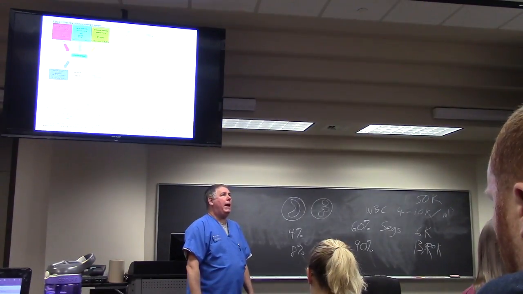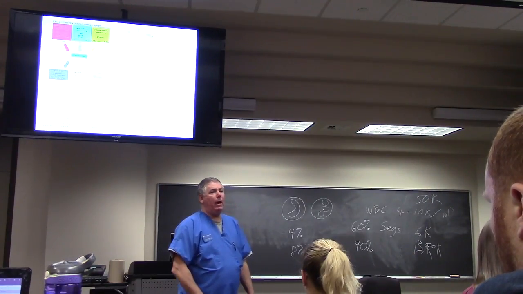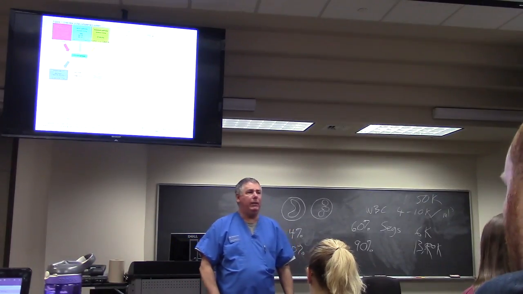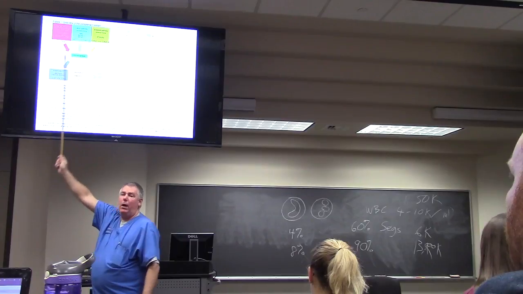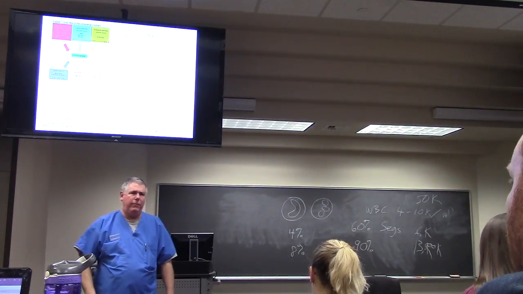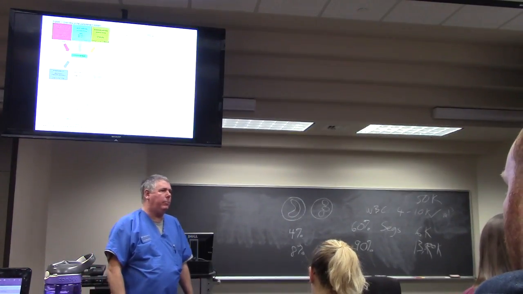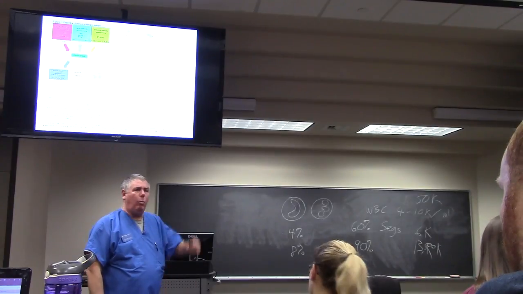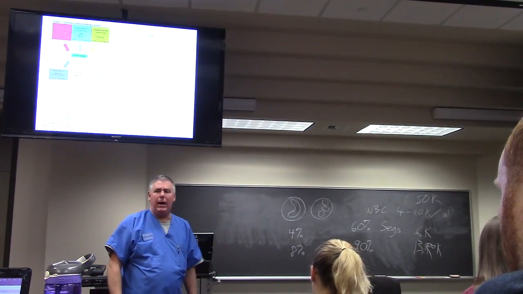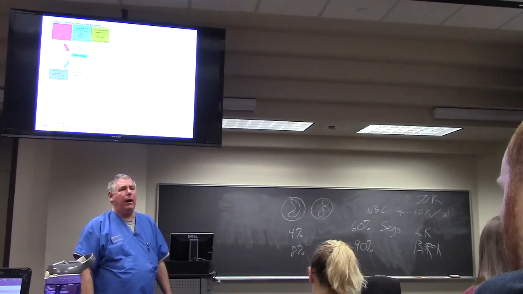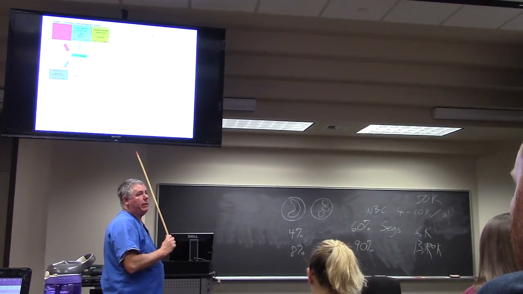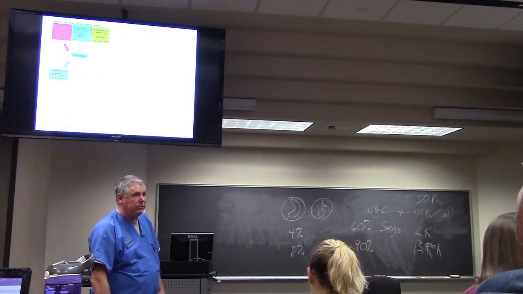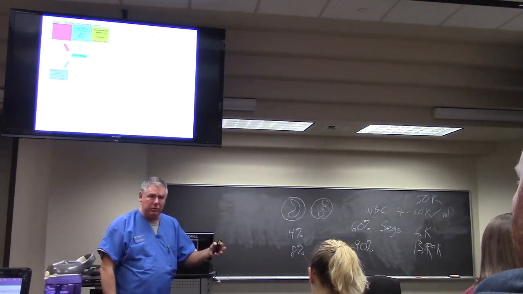Here's the complement cascade. You don't need to spend a lot of time on this, other than to say that the complement involves a whole host of proenzymes that are present, and when in the presence of some type of antigen, they activate and can produce one of these cascades to aid in the immune response.